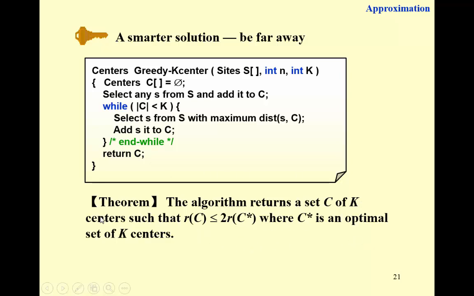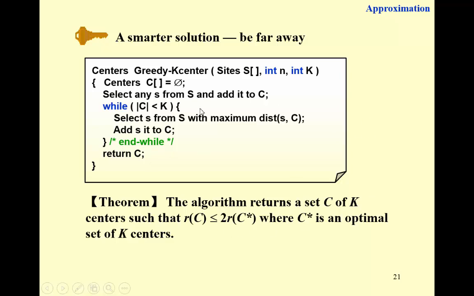Then back to the previous algorithm, if we select sites in this way and delete sites that are covered by these centers with the radius being exactly 2r star, it would not be able to cover everything. So in order to cover everything, we need more than k centers, right?